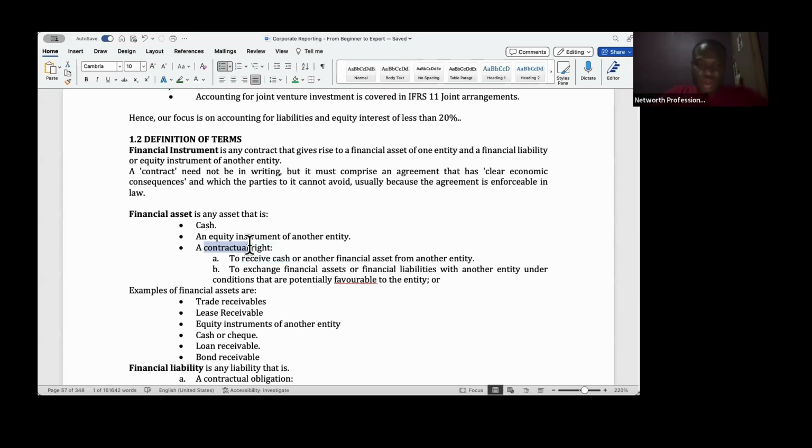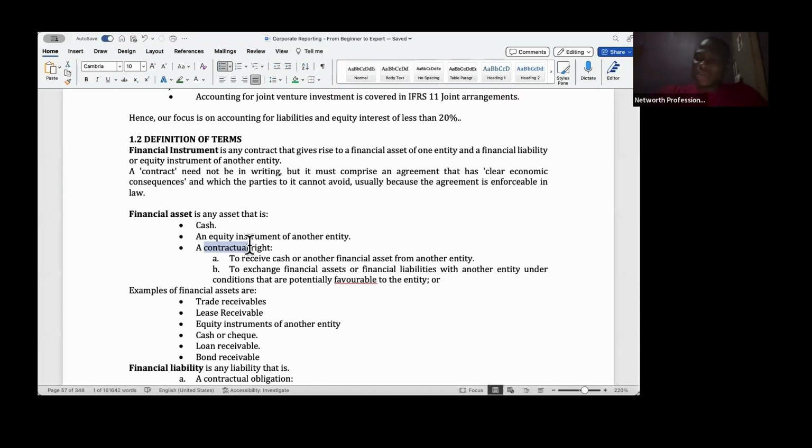But if you have a motor vehicle and you sit down and you don't do anything with it, you will not get anything. That is why physical assets like a motor vehicle, in fact PPE generally, and even most intangible assets, are not financial assets, because you need to use them for something before they can generate future economic benefit for you.